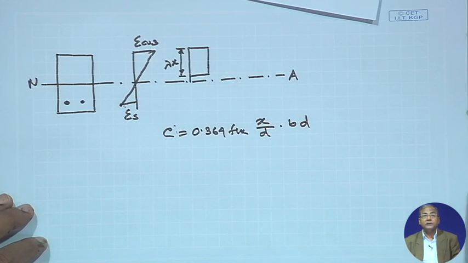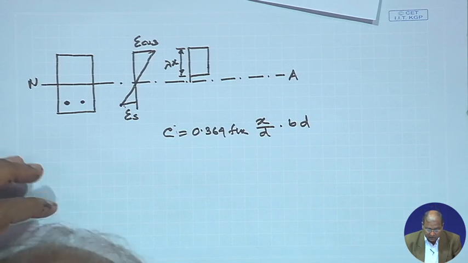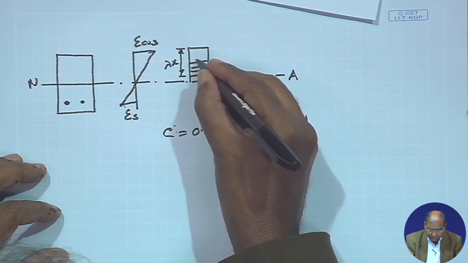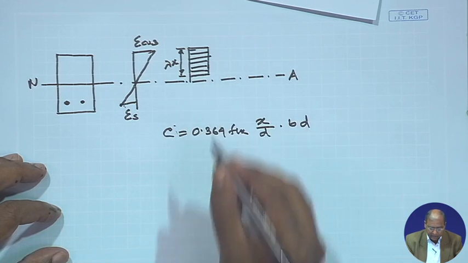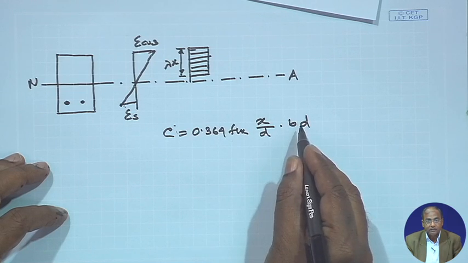I have considered this one as lambda x, that we have taken here. So, this is 0.364 FCK x by d BD.